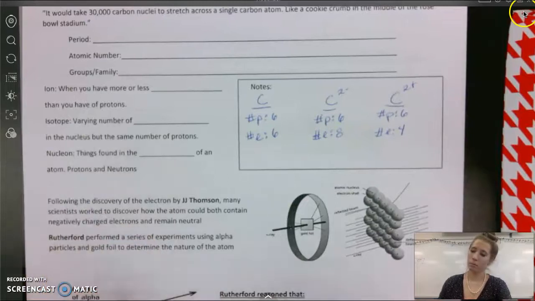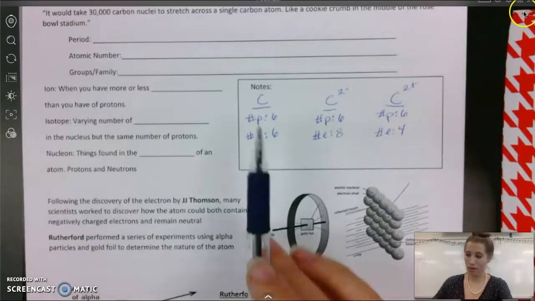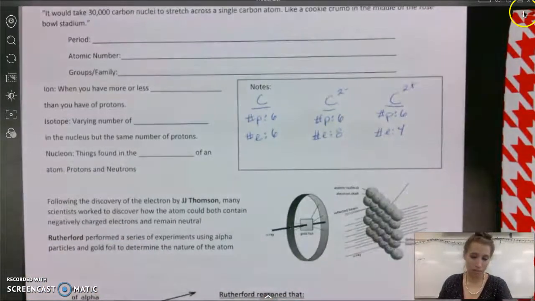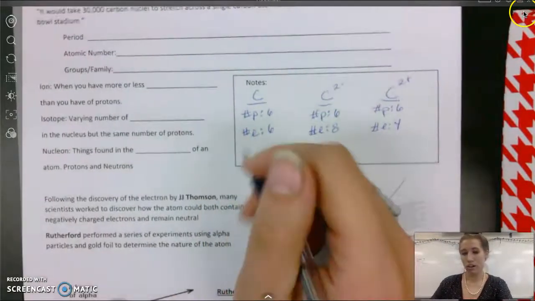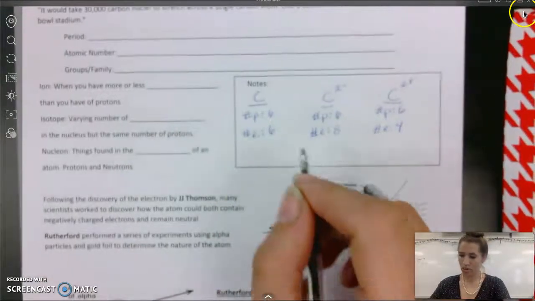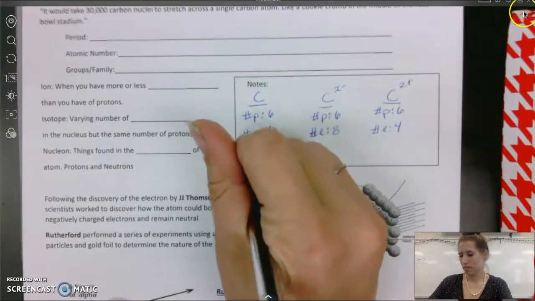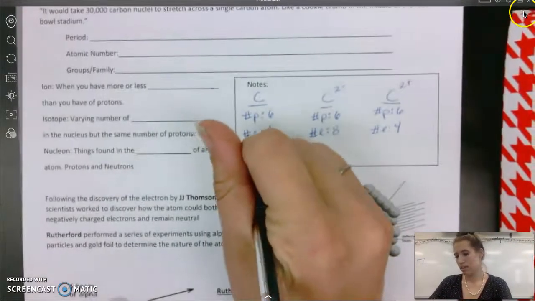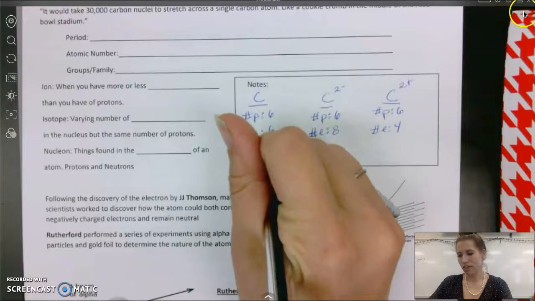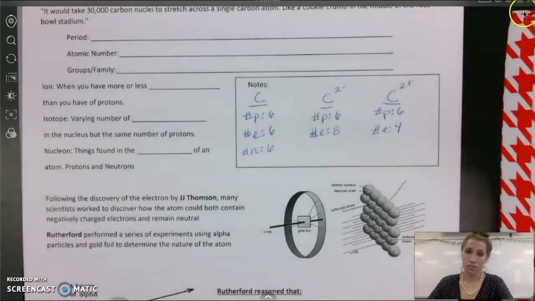Isotopes mean that the number of neutrons vary from atom to atom of the same element. So a common isotope of carbon is carbon-12, and carbon-12 also contains 6 neutrons. Electrons have such small mass, especially compared to protons and neutrons.